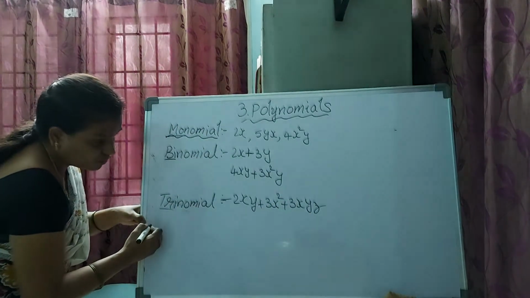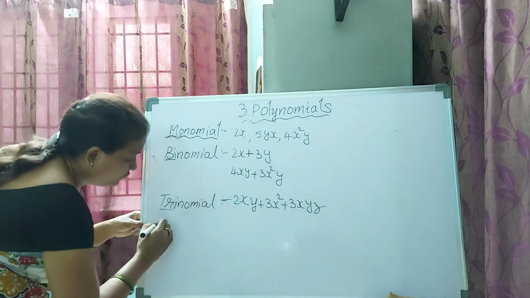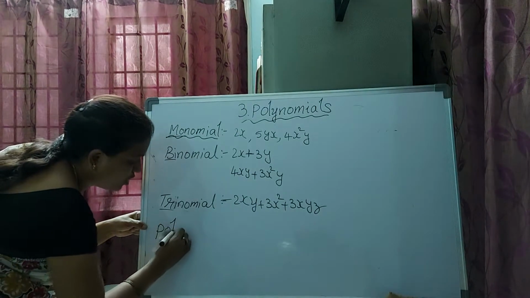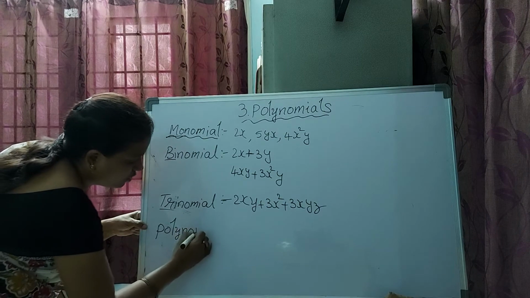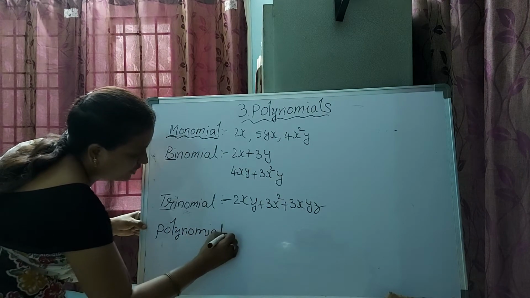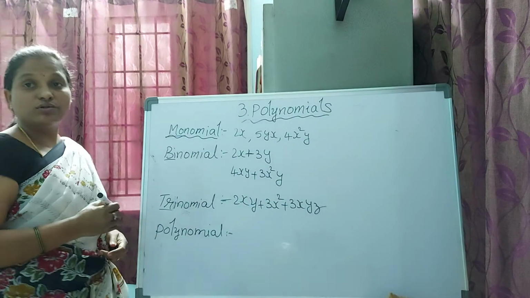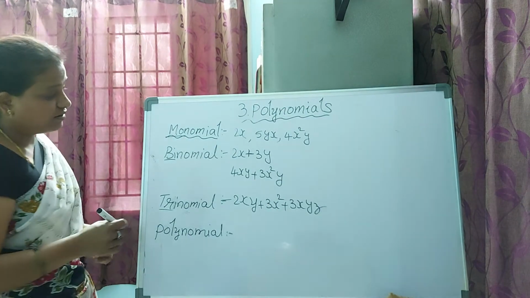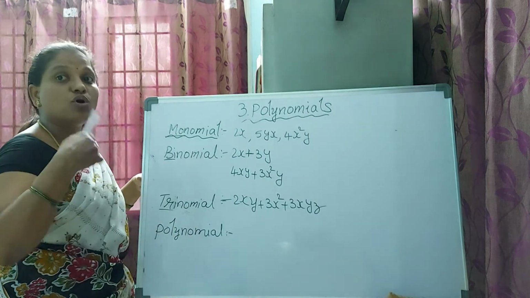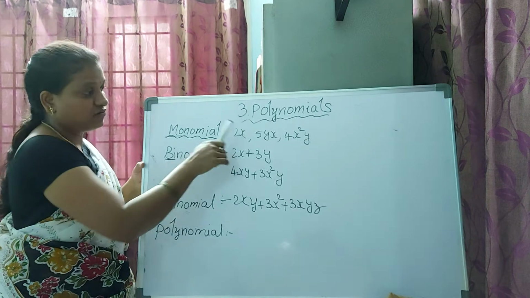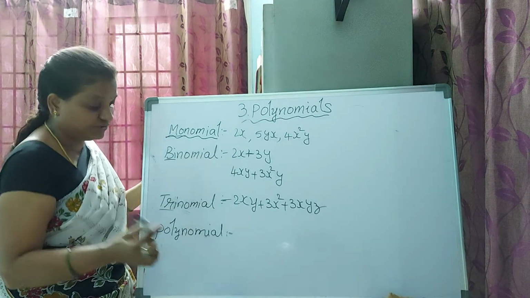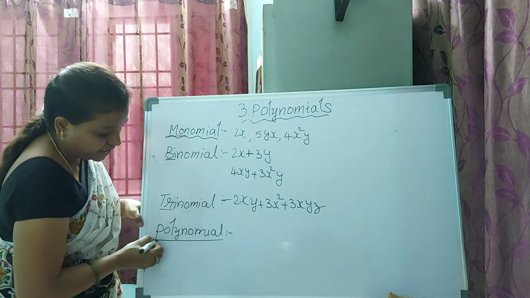Next, after trinomial, we can write polynomial. What is polynomial? If an expression contains one monomial or more monomials, one term or more than one term, we call it a polynomial.